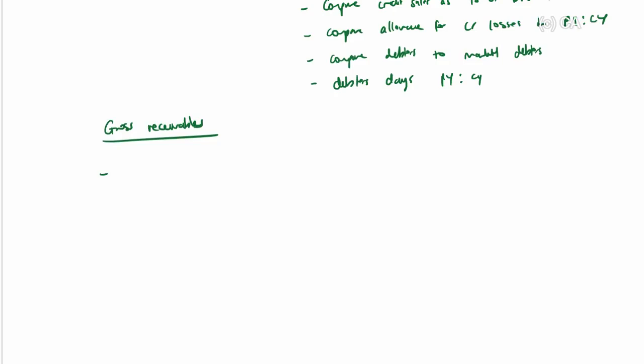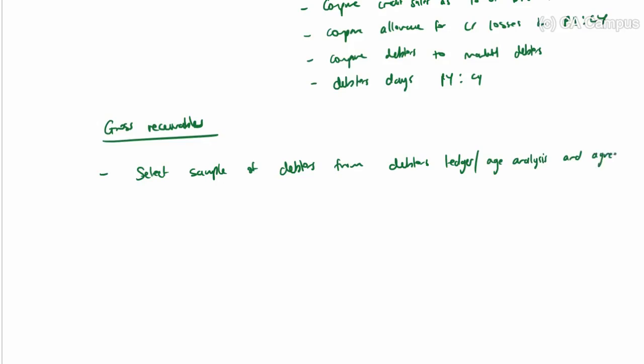So I'm going to select a sample of debtors from the debtors ledger or the age analysis, and I'm going to agree to the invoice, the sales invoice.